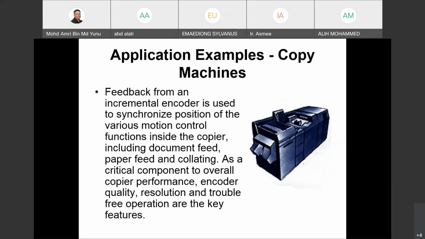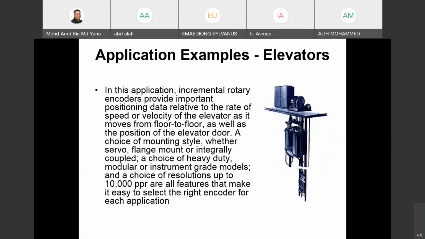So that's the application of the incremental encoder in the copying machine and also in elevators. It is used to provide important positioning data relative to the rate of speed or velocity of the elevator as it moves from floor to floor. Okay.